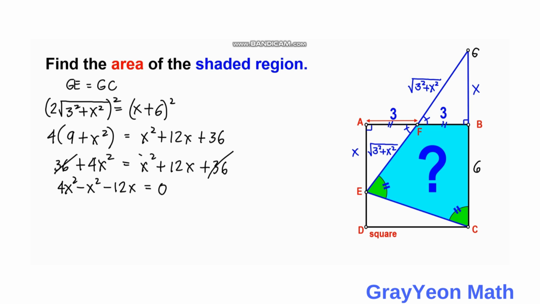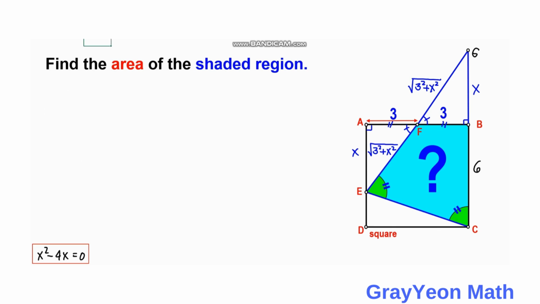So simplifying, we have 3x squared minus 12x is equal to 0. So divide both sides by 3, or multiply this whole equation by 1/3. So this becomes x squared minus 4x is equal to 0. And we solve this resulting quadratic equation.